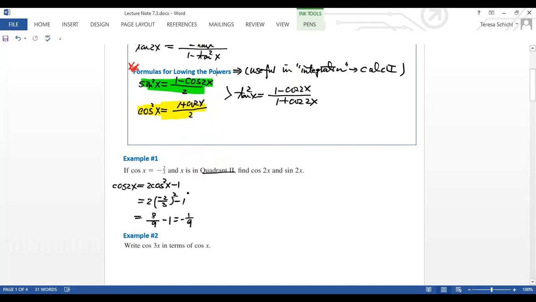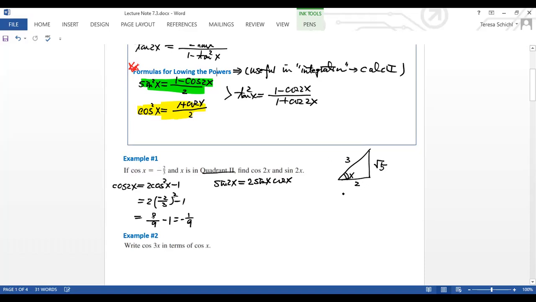Then the sine 2x. I can use the formula for the double angle, so it's 2 sine x cosine x. I already know cosine x is negative 2/3, so I can go find sine x. This is my x here. Cosine is adjacent over hypotenuse, so what is this side here?